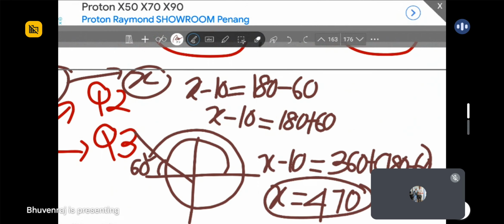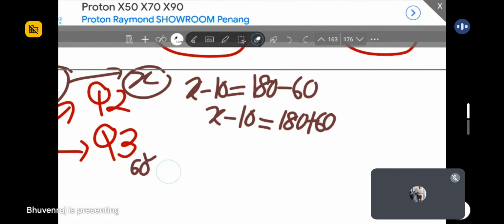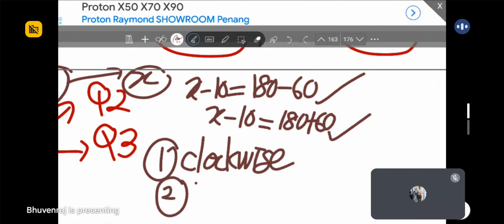So it means that you cannot do 2 cycles. Tak boleh buat 2 kitaran juga. So there are only 2 possible answers. Ada 2 jawapan saja. You will have 2 x values. Kamu akan ada 2 nilai x. So you can always check. First step, can I go clockwise or not? Adakah saya boleh pergi ikut pusingan jam pula. Second, you check if you can do more than 1 cycle.